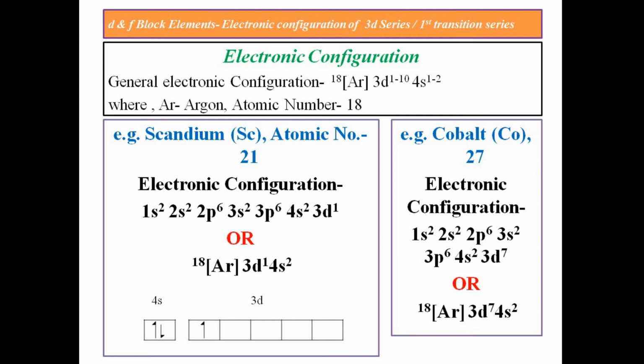Here also we can write how the electrons are filled in the valence shell orbitals, 4s and 3d. So by following the general electronic configuration, it is possible to write the electronic configuration of all the elements present in the first transition series.